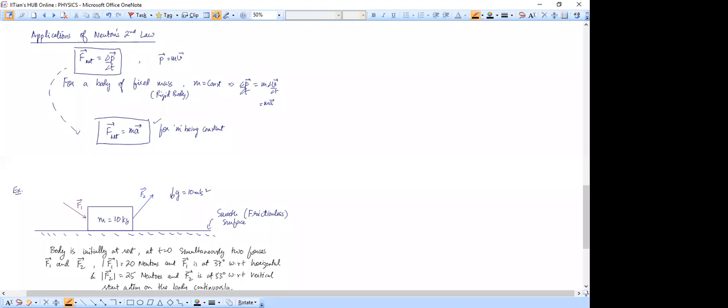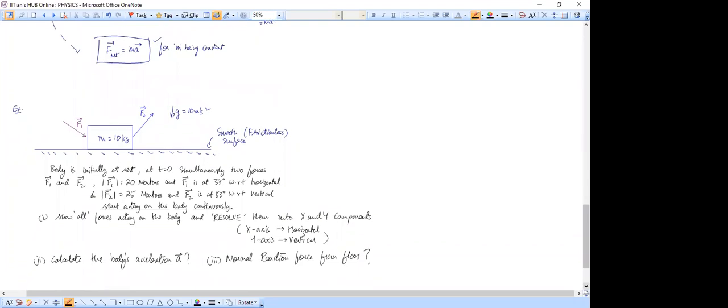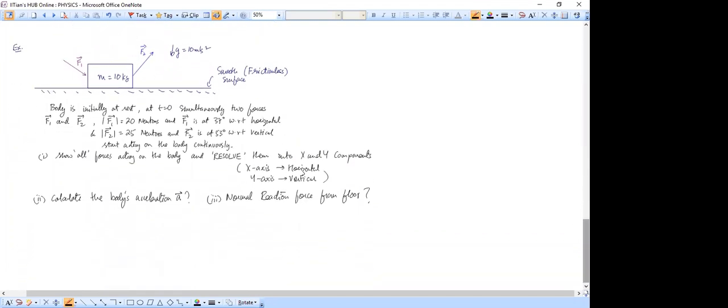Right. So anybody got the answer? Have you resolved the forces first of all? Yes, Adinath, very good.